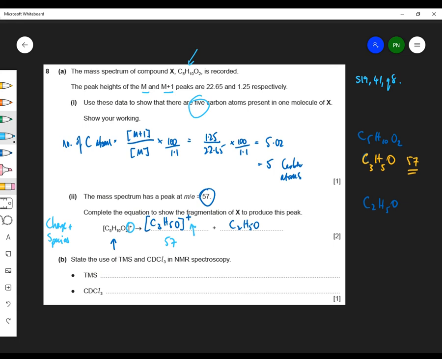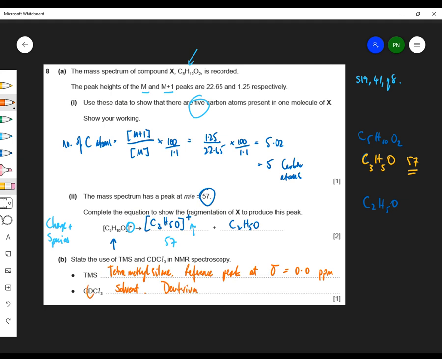What's TMS? TMS is used for reference. It's tetramethylsilane, and it gives our reference peak at the delta value of 0 parts per million. CDCl3 is just a solvent, and it has deuterium in it, as you can see.